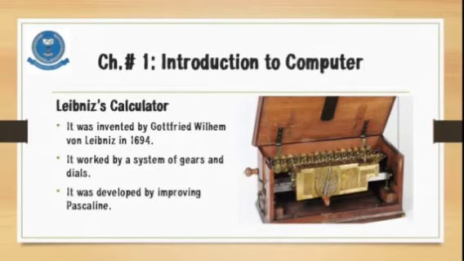It worked by a system of gears and dials. Actually, it was an improved form of Pascaline, as Pascaline worked by a system of gears and dials. It also worked with the system of gears and dials, but it was an improved form of Pascaline that was called Leibniz calculator.